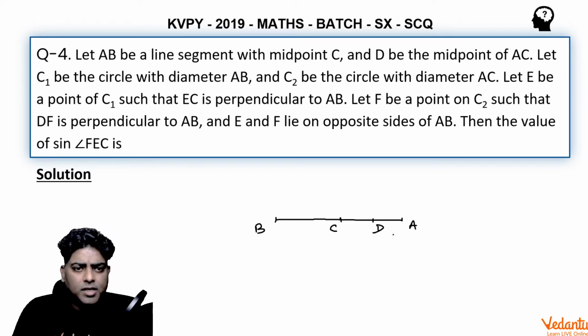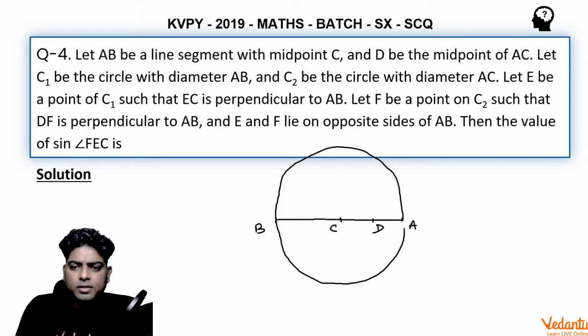Then let's see the circle with AB as diameter. So I'll have to draw a circle with AB as diameter. I'm just trying to draw it roughly, somewhat like this. And C2 is the circle with AC as diameter, somewhat like this.